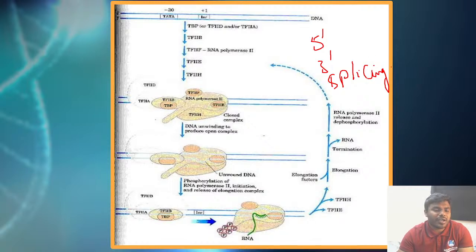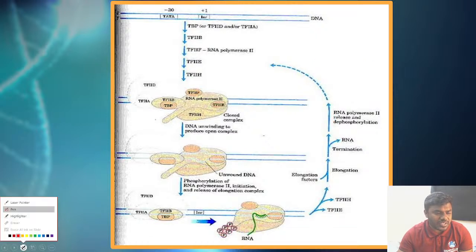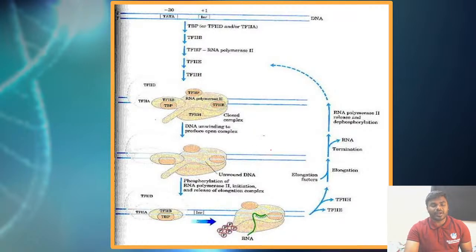After the elongation, when the RNA polymerase enzyme reaches the area of termination, it will undergo dephosphorylation and the termination will occur. So friends, that ends the process of transcription completely in the prokaryotic organism and the eukaryotic organism also.